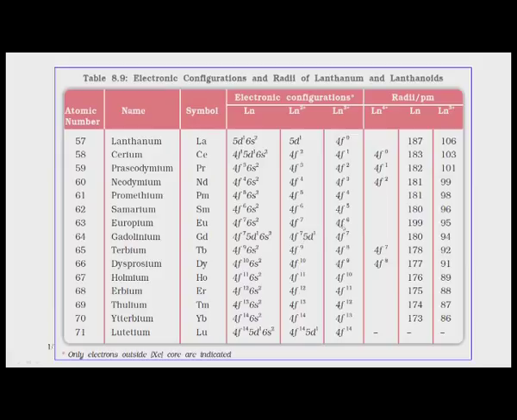So, one condition is how good they are for the corresponding highest possible oxidation state. In case of these highest possible oxidation states, we have written down only 5 of those elements: cerium, promethium, neodymium, terbium and dysprosium.